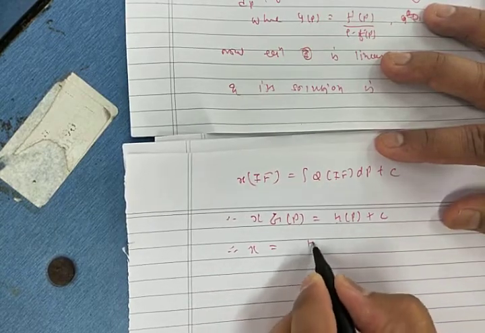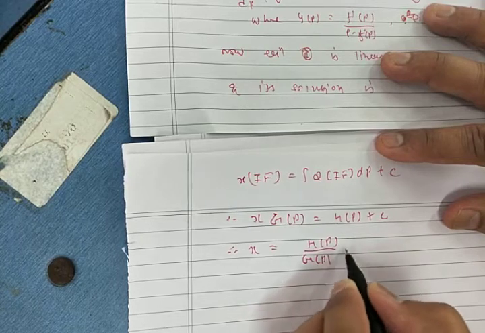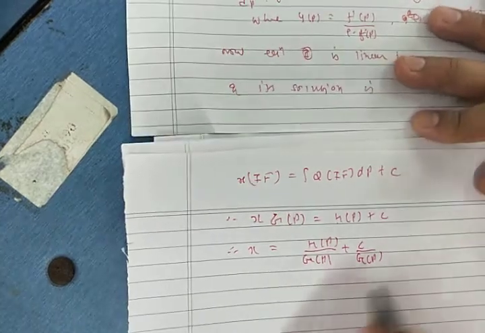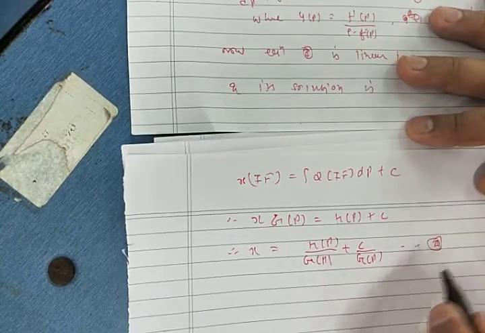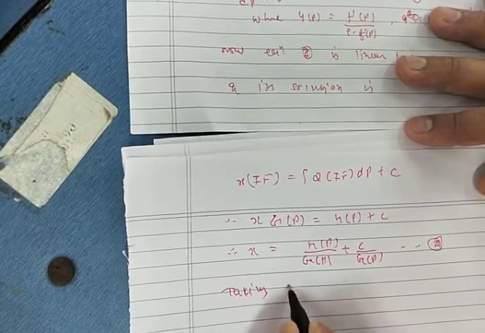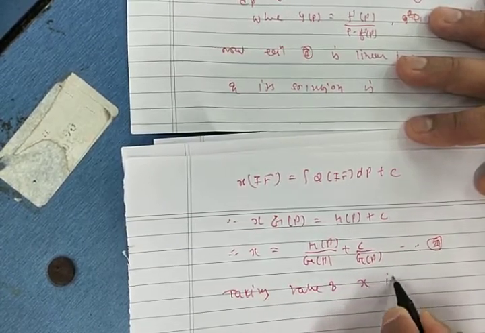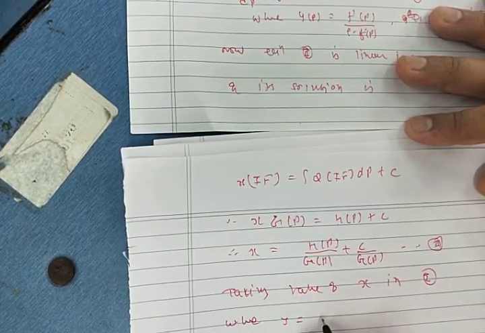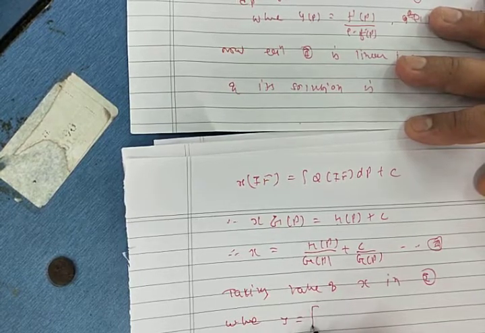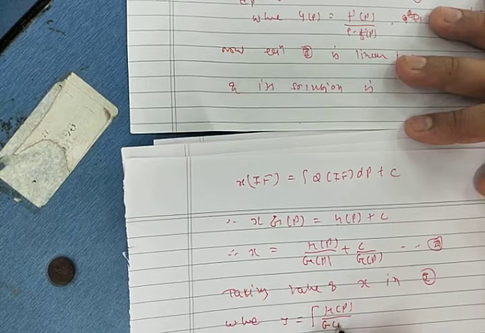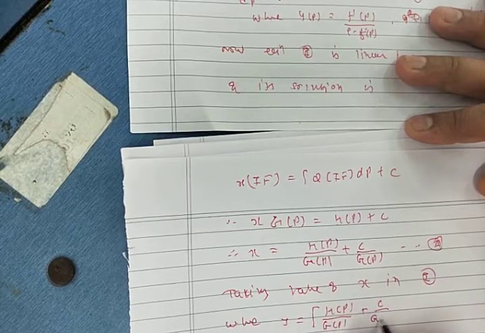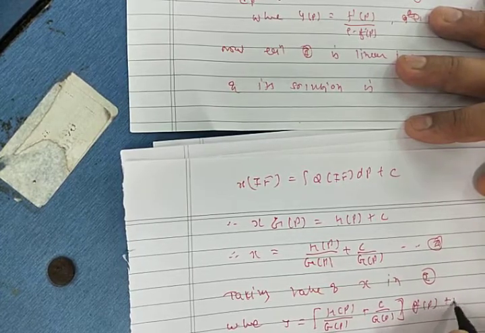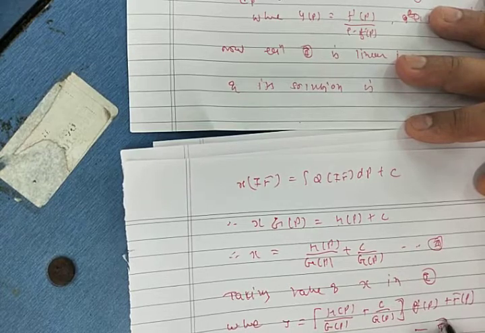So x is nothing but H of p over G of p plus c over G of p. Clear? Now taking this as 3, taking value of x in 1, we have y is equal to H of p over G of p plus c into G of p into f of p plus capital F of p. Call equation number 4.